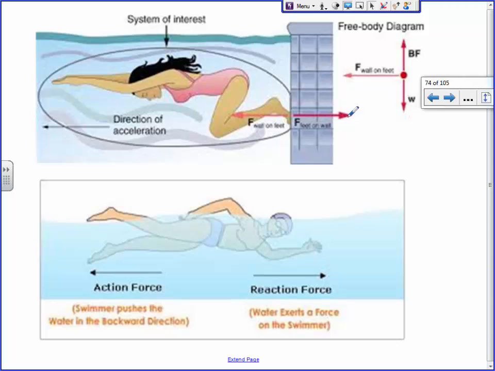It's kind of fixed to the ground, which is even bigger and more massive. So does this person really push the wall back all that much? No, not really, based on its size. But the wall pushes back on the person, and therefore the person gets propelled forward. Does that make sense? Or when a person is swimming, you push the water backwards, the water pushes you forwards.